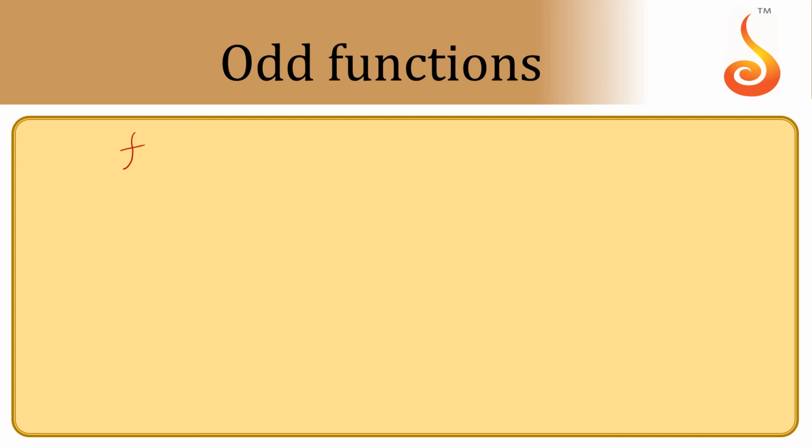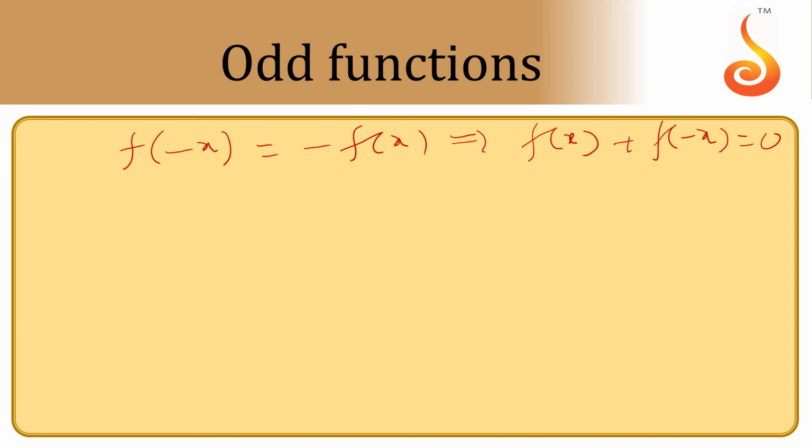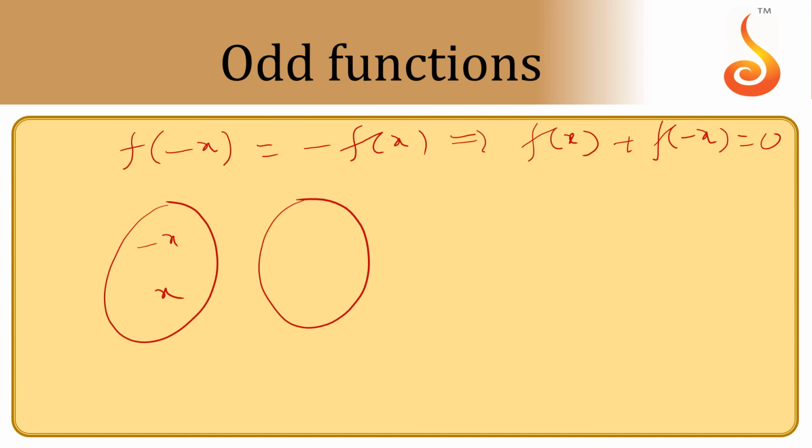Odd function: f of minus x equal to minus f of x. What does it mean? f of x plus f of minus x is 0. So what you should understand, just like even functions, I am choosing two elements in the domain of the function whose sum is 0.